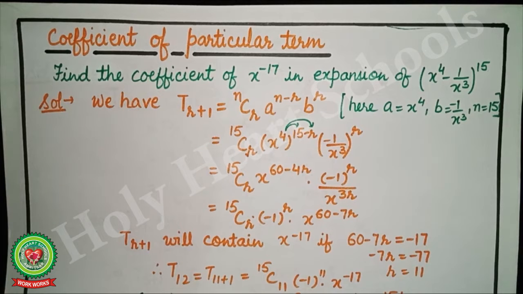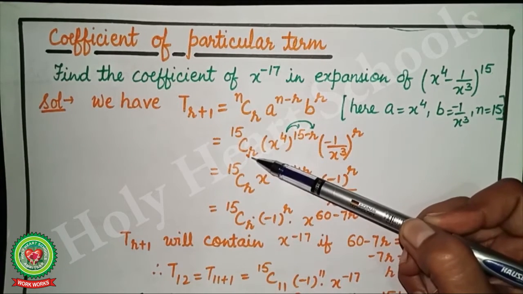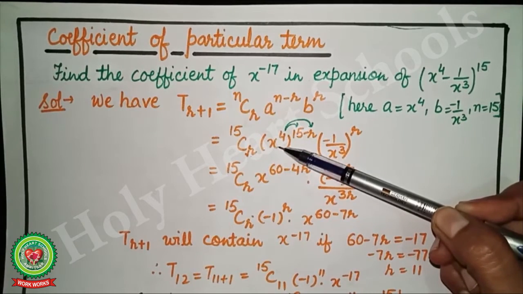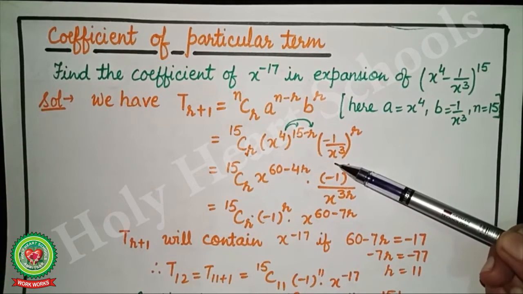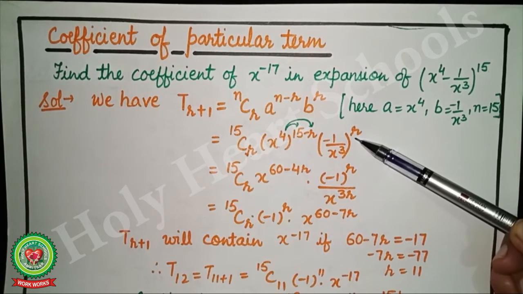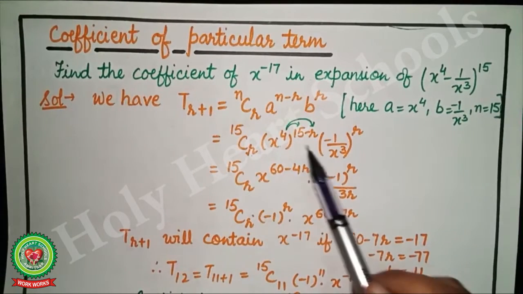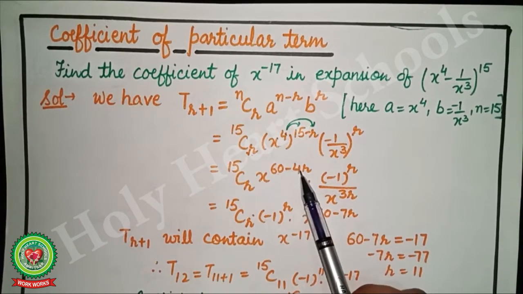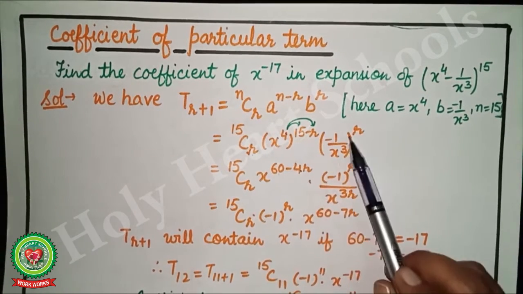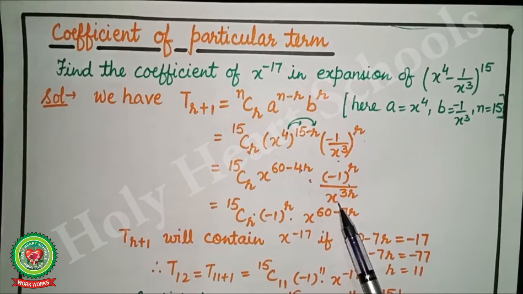When you put the values of n, a and b, we get 15Cr (x^4)^(15-r) (-1/x^3)^r. Now when you simplify the powers, you will get 15Cr, and on solving the brackets, we will get x^(60-4r) into (-1)^r and x^(3r) in the denominator.